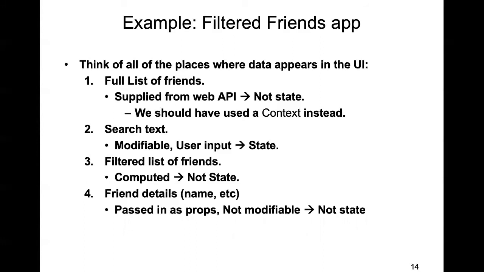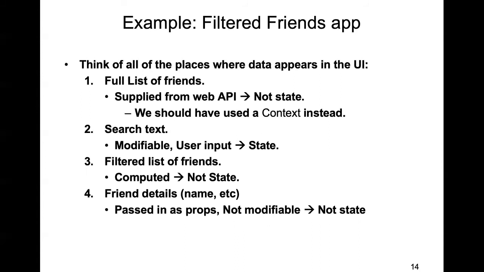It came from the web API, and we've already said you shouldn't store that as state, even though I did store it as state, but I've already explained why I had to. Number two, the search box or the search text, that's data, but it's modifiable, so it's very much a candidate for UI state. Number three, the filtered list of friends, that's actually computed, and anything that's computed should not be stored in UI state.